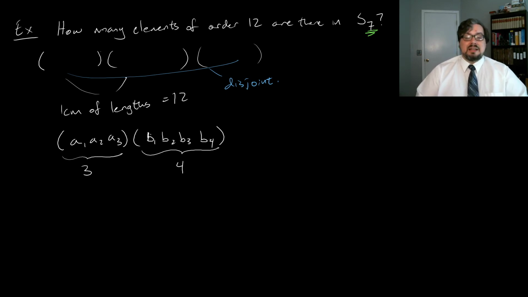So next we can ask, this is the form of the elements of order 12, so how many of them do we get?